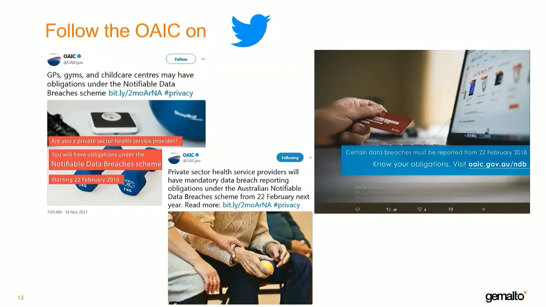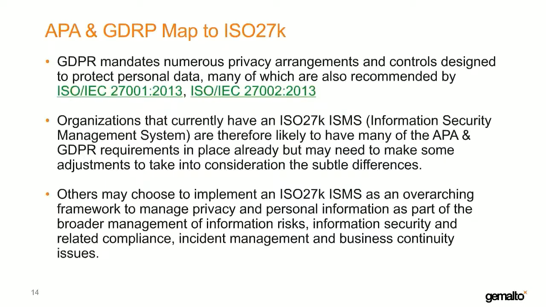Now, why are they focusing on those kinds of industries? Well, because if you think about it, those are industries which have a considerable amount of consumer information. So anything that is touching a citizen needs to be heavily controlled and heavily monitored. So you can see that they're trying to raise the awareness of what's actually happening within the standard itself.